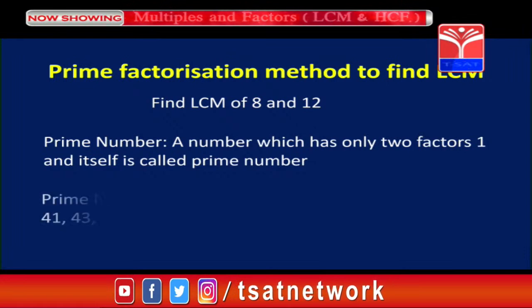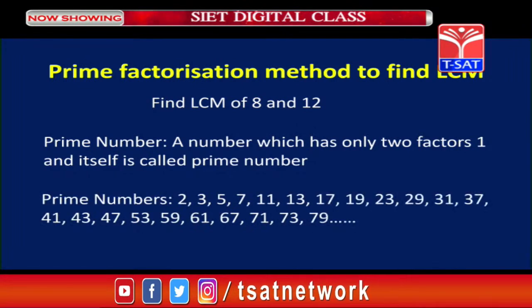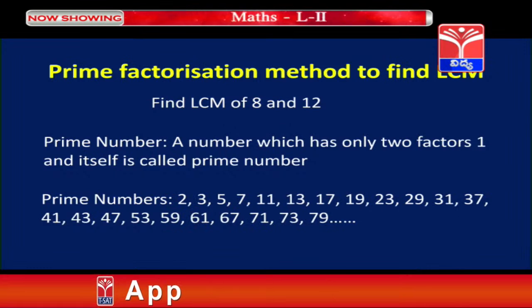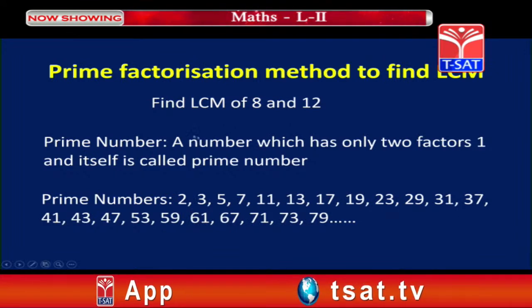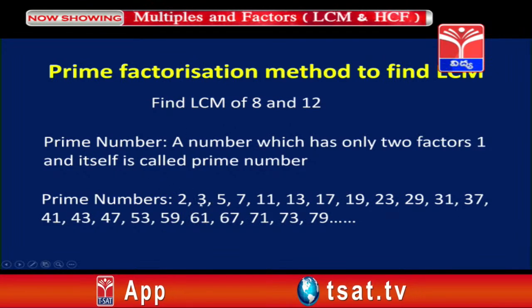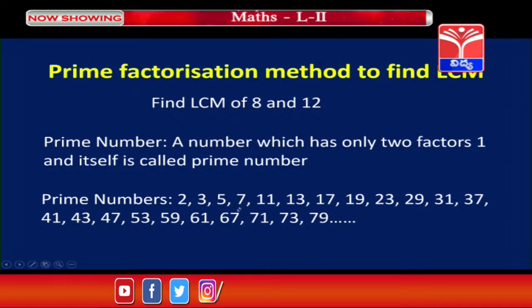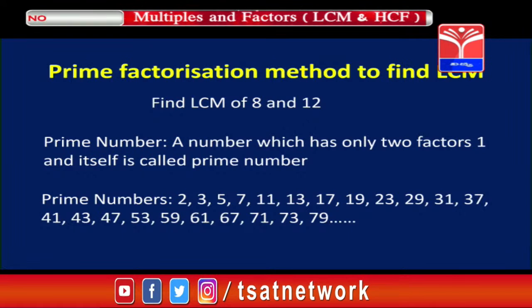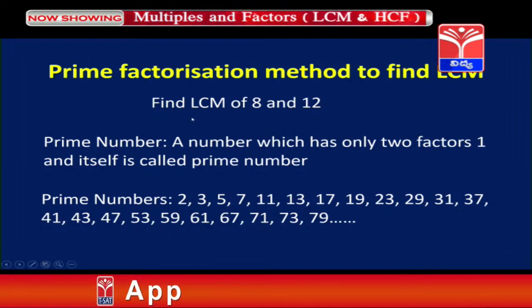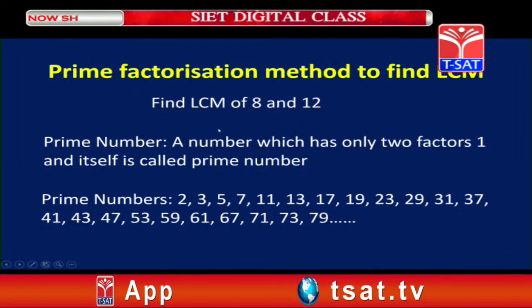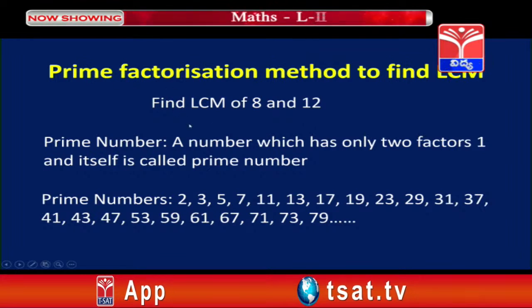Here are the prime numbers from 1 to 100: 2, 3, 5, 7, 11, 13 and continuing. These numbers are called prime numbers. Let us write numbers as a product of prime numbers, that is prime factorization.